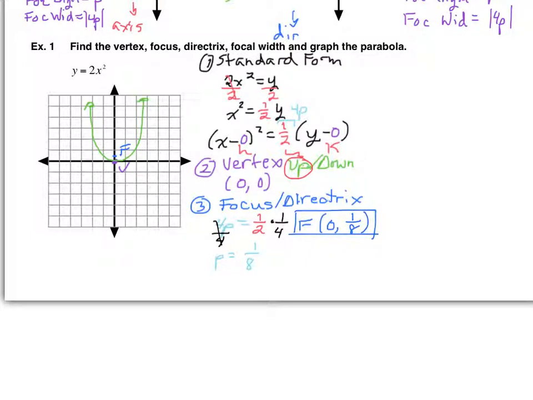So I found my focus, found my vertex, now my directrix. Now you need to use a straight edge. It's impossible for me up here, but we're going to go 1/8 below. I apologize for the crooked, oh, that's not too bad, line. And that is going through which axis?